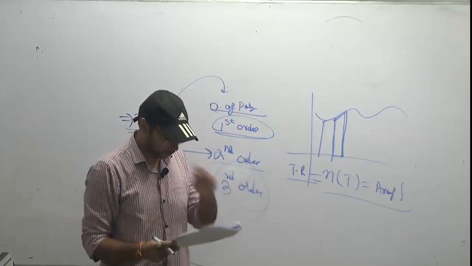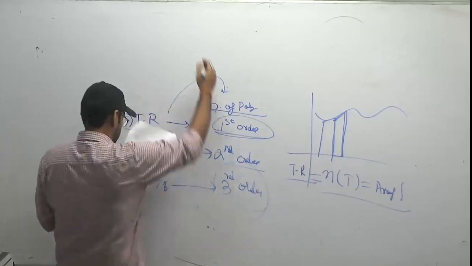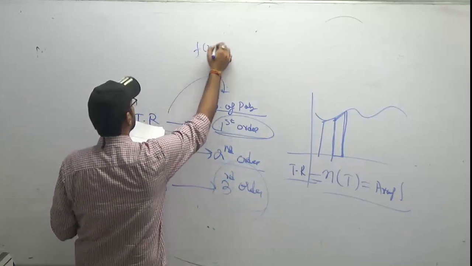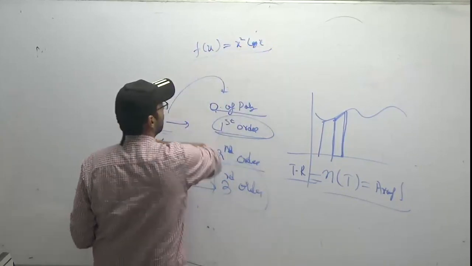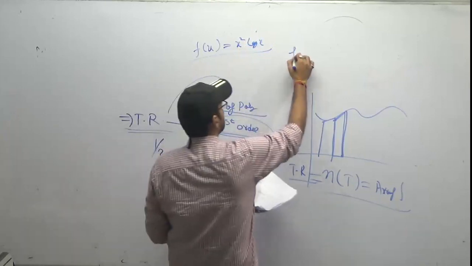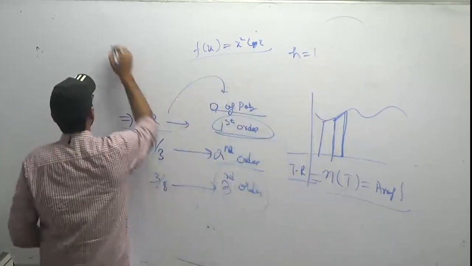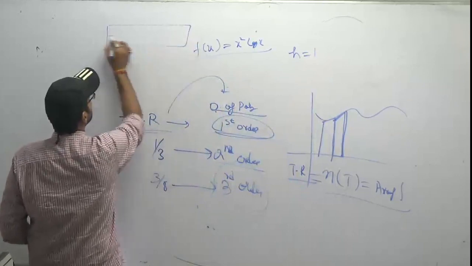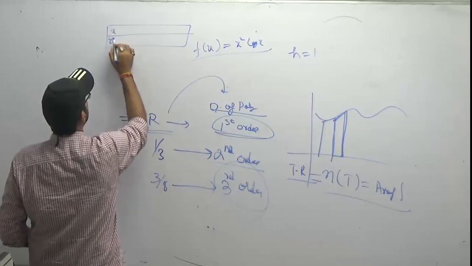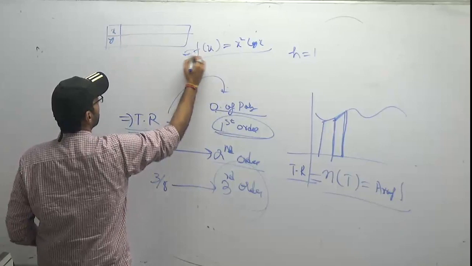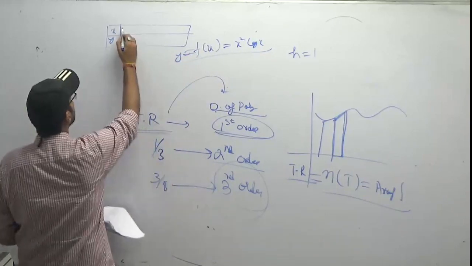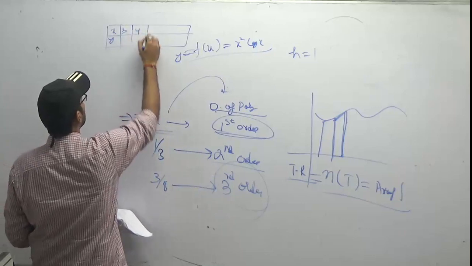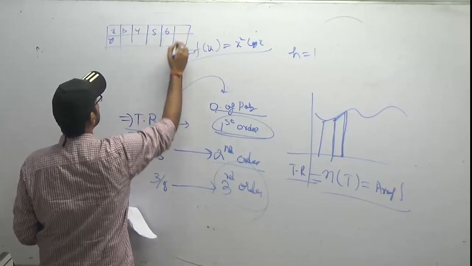Important thing, right? Now see, they have given you f of x, x square log x, with the step size given. Form a table of x and y, starting from 3, then 4, 5, 6, 7.